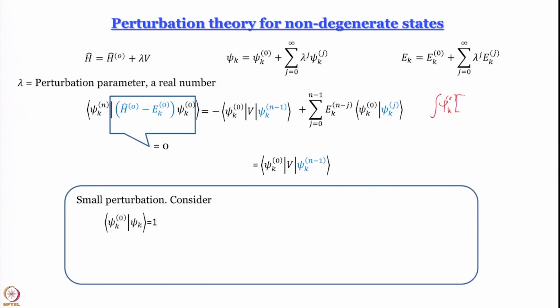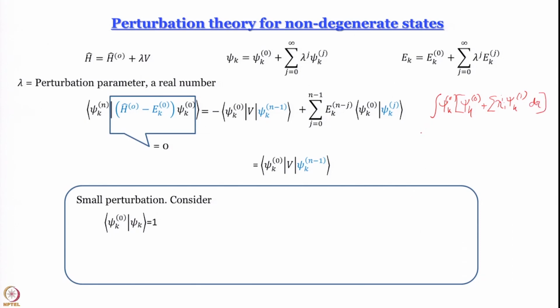This multiplied by, instead of psi k, what will I write? I will write psi k 0th plus summation lambda I psi k I lambda to the power I, d tau.